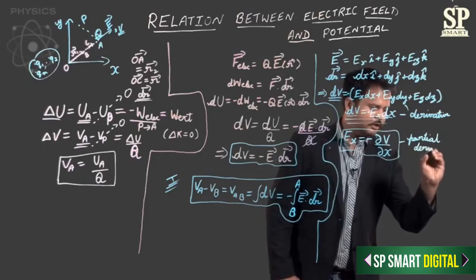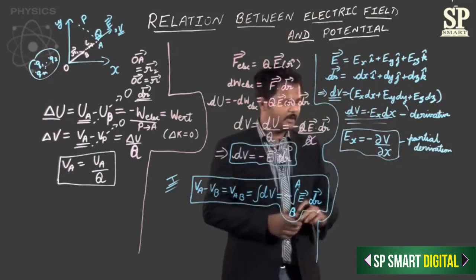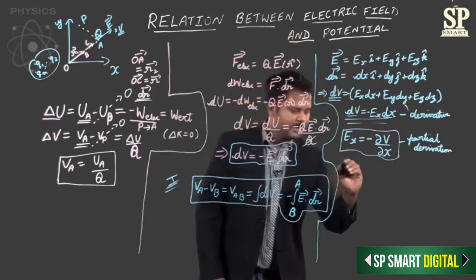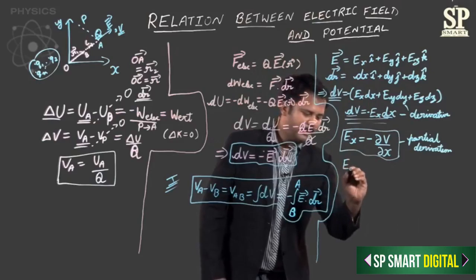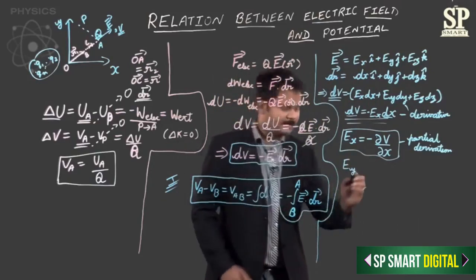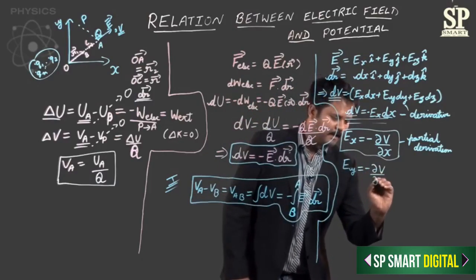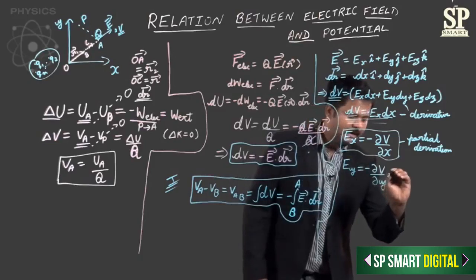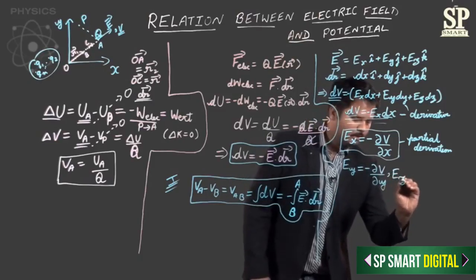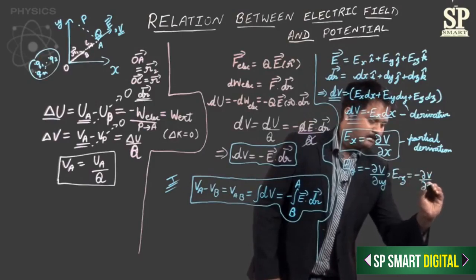So this is also an important interpretation of this particular relation. We can similarly write, if I want to find only the y component of the electric field, I can simply write it as minus delta V upon delta y. And similarly, Ez becomes equal to minus delta V upon delta z.